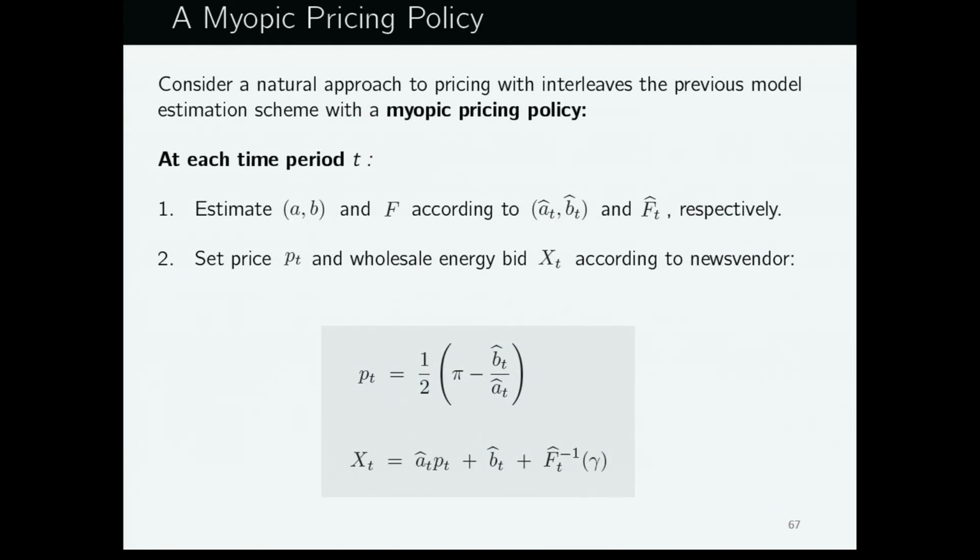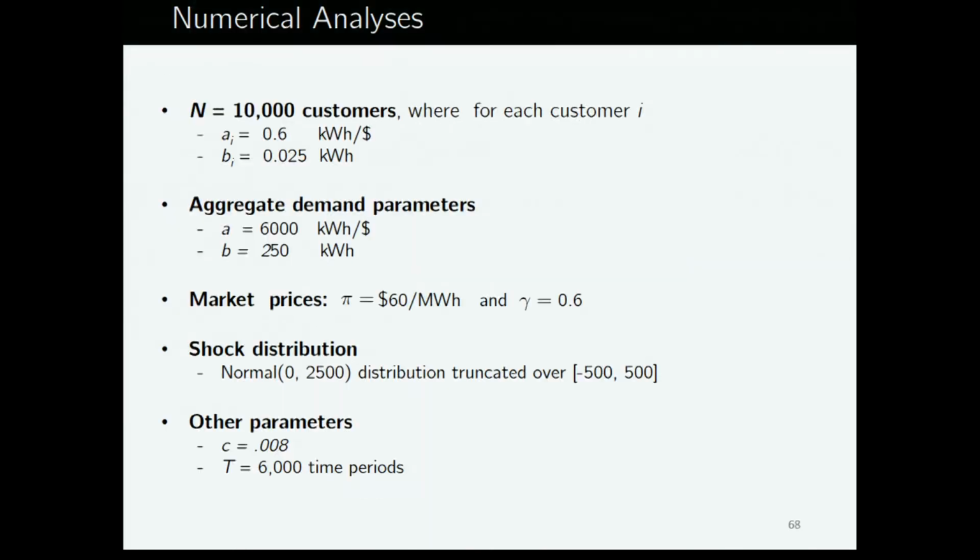So one natural thing to do would be to interweave a myopic approach to pricing with this model estimation scheme, which would be, at every day t, take your estimates of the underlying parameters and set the price in order to maximize your one-step profit, assuming those estimates are exact. What you can show, so here we'll just do a simple simulation, is that you may end up converging to the wrong estimates.